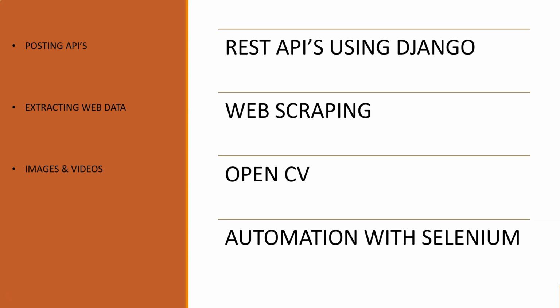Also, we'll see how to access the webcam with the OpenCV library. And the next is the automation with Selenium, where we'll see how to automate any kind of website with Python.